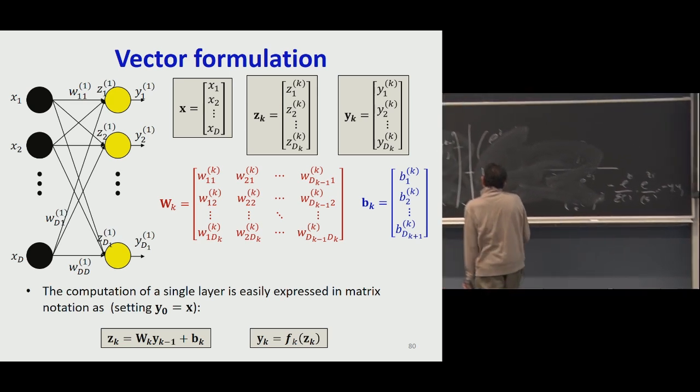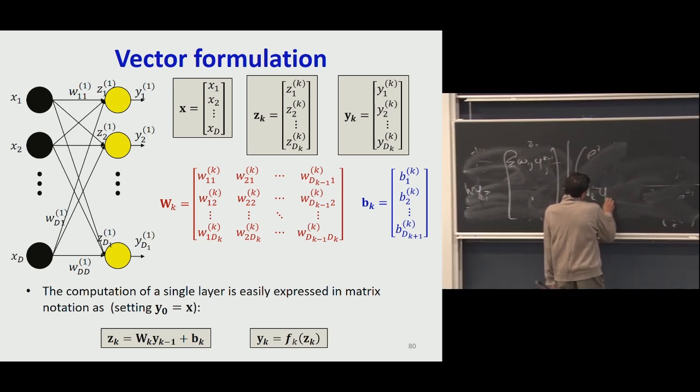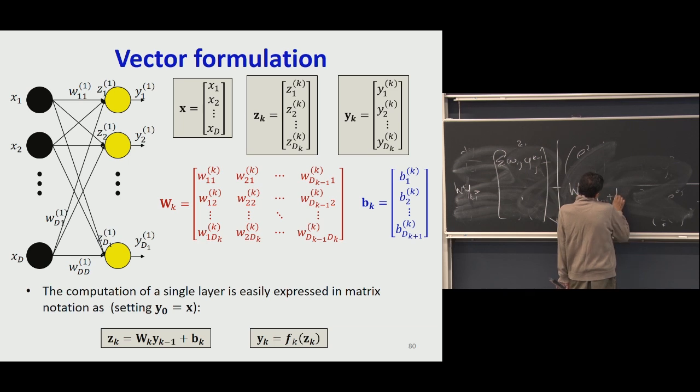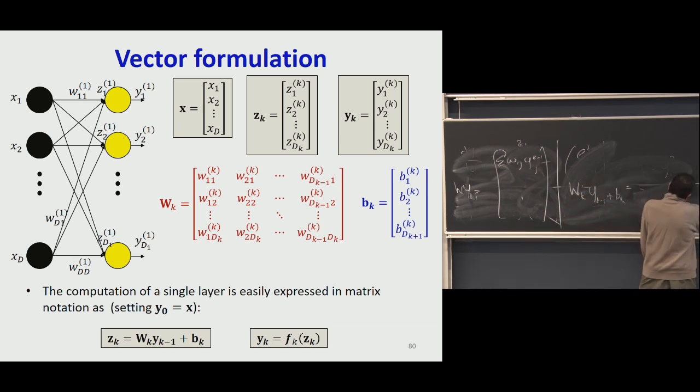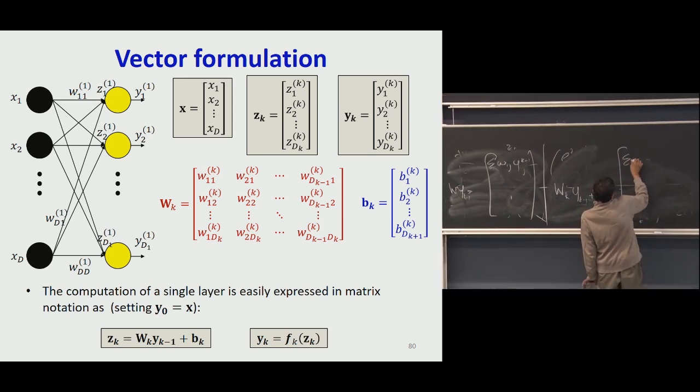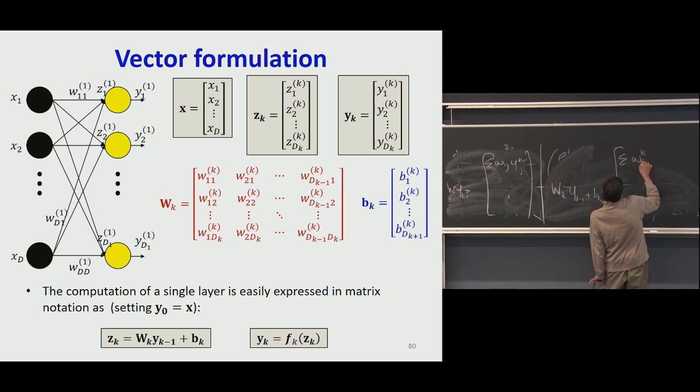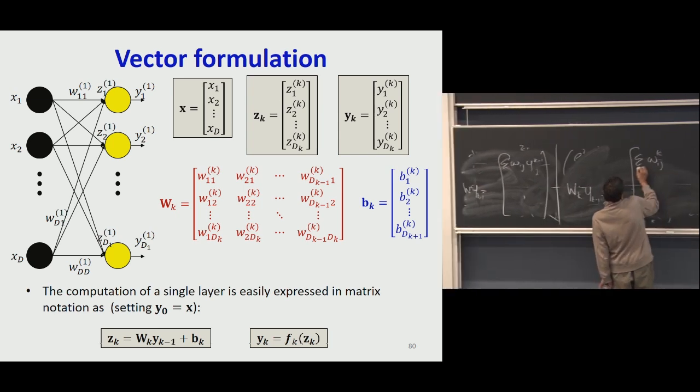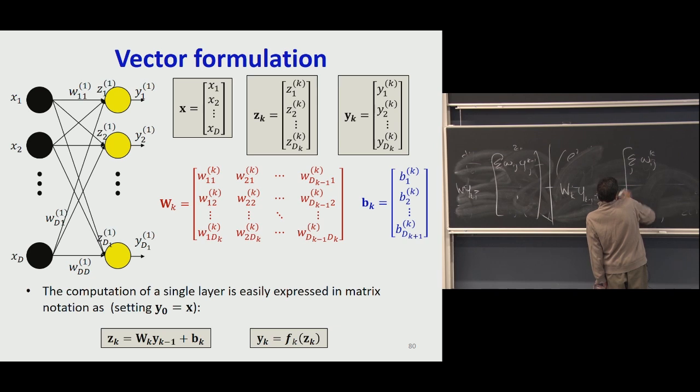And so when I write Wk Y(k-1) plus Bk, this is simply going to be a set of terms where every term is a summation of Wkij, summation over j.